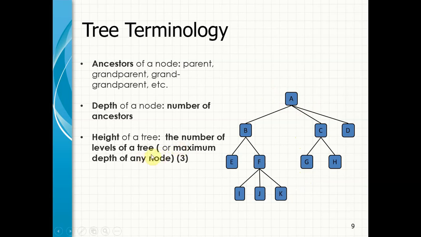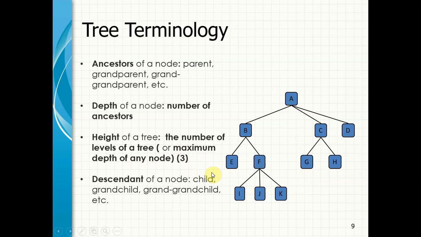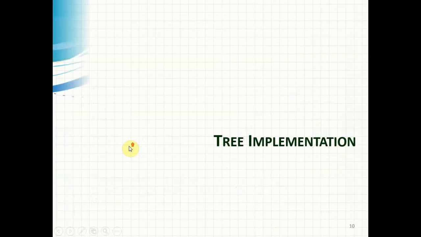Or in other words, that is the maximum depth of any node. Compared to ancestors, there are descendants. Descendants of a node may be a child, grandchild, and so on. So it defines some terminology for a tree.